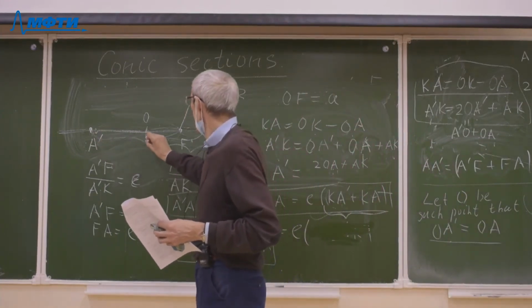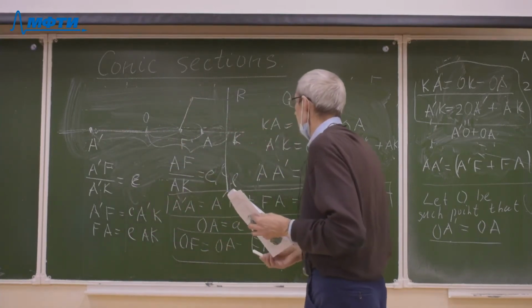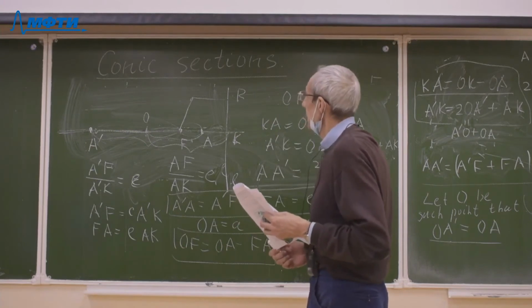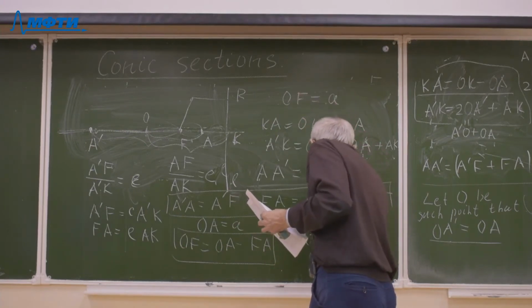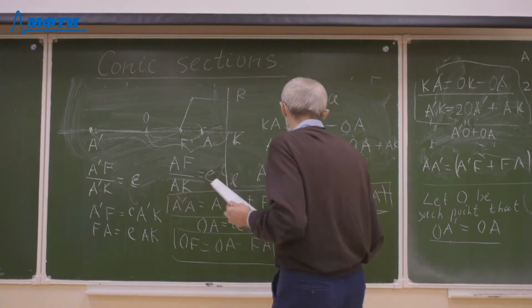A prime O is equal OA, and A prime A is equal twice OA, and plus AK.